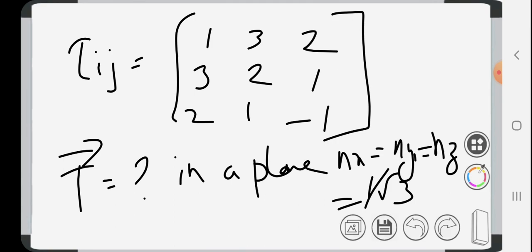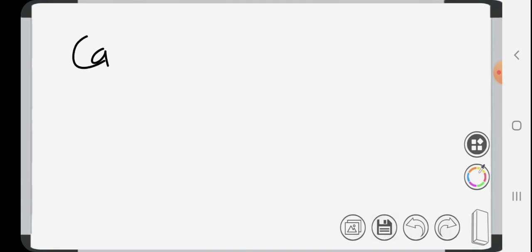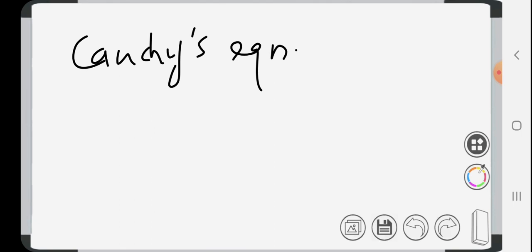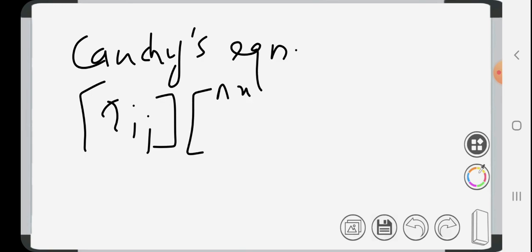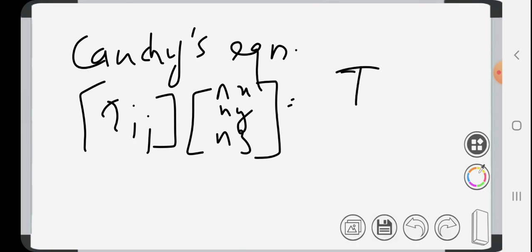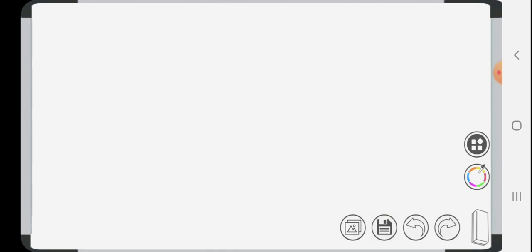You have to apply Cauchy's equation. That is why we have learned Cauchy's equation. What is Cauchy's equation? Tau ij into nx, ny, nz equal to the t vector. Or how did we write the equation?